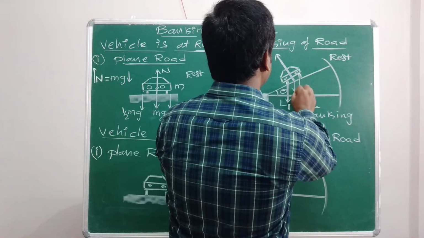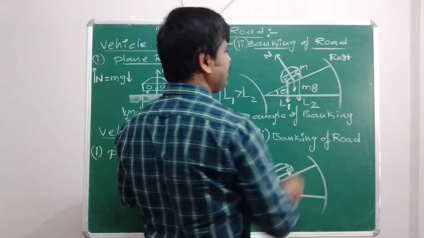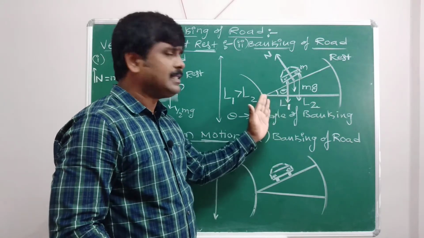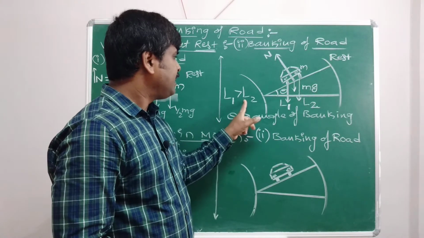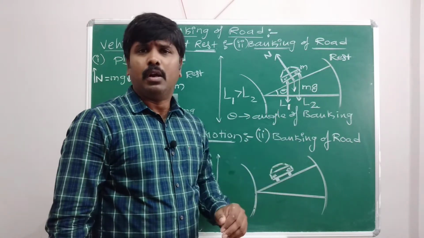Here m is the mass of the car and mg is acting downward. So here the left side load increases because of bending to the left side. So here L1 is greater than L2, nothing but load 1 is greater than load 2.